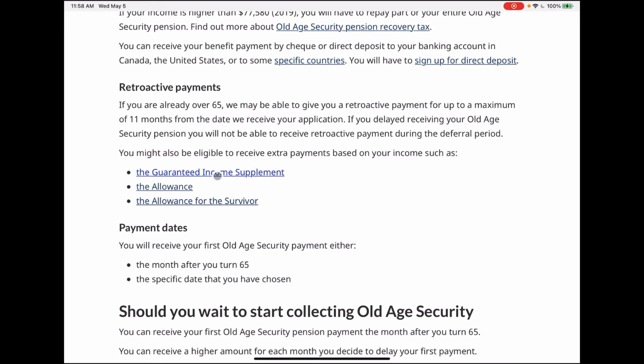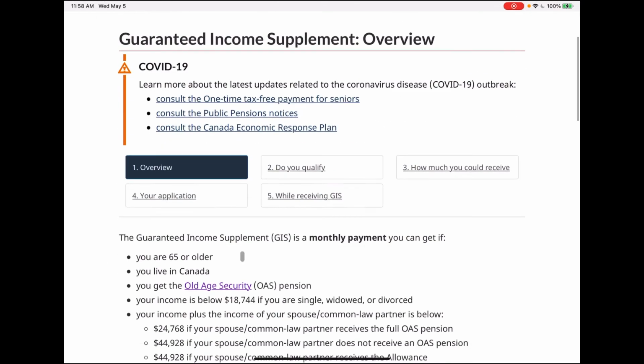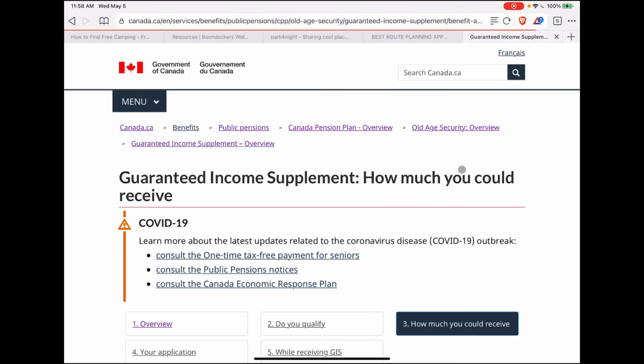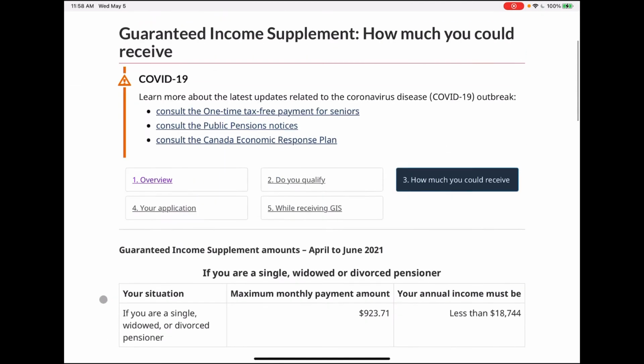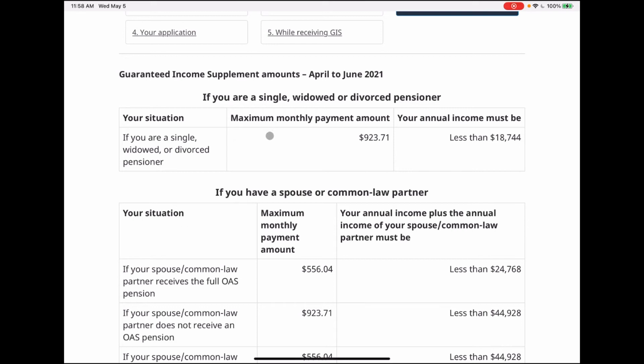Okay, so the Guaranteed Income Supplement, and if you click on how much can you receive, so the maximum Guaranteed Income Supplement is $923.71, and you have to be making less than $18,744.